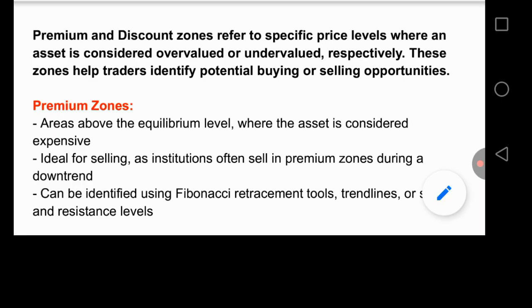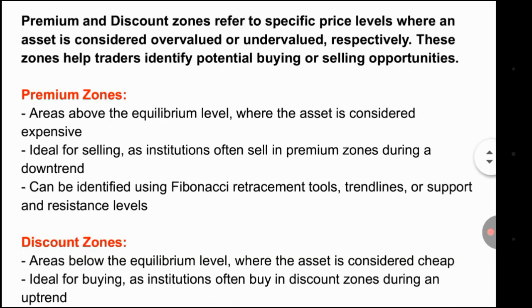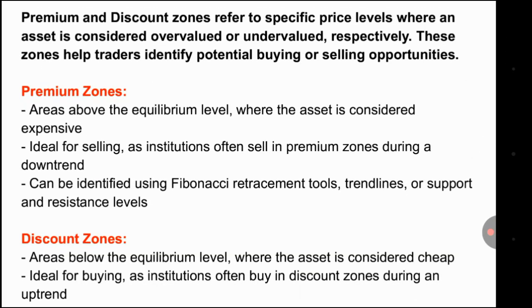So premium and discount zones refer to specific price levels where an asset is considered overvalued or undervalued respectively. These zones help traders to identify potential buying or selling opportunities. Okay, so now let's look at premium zone.